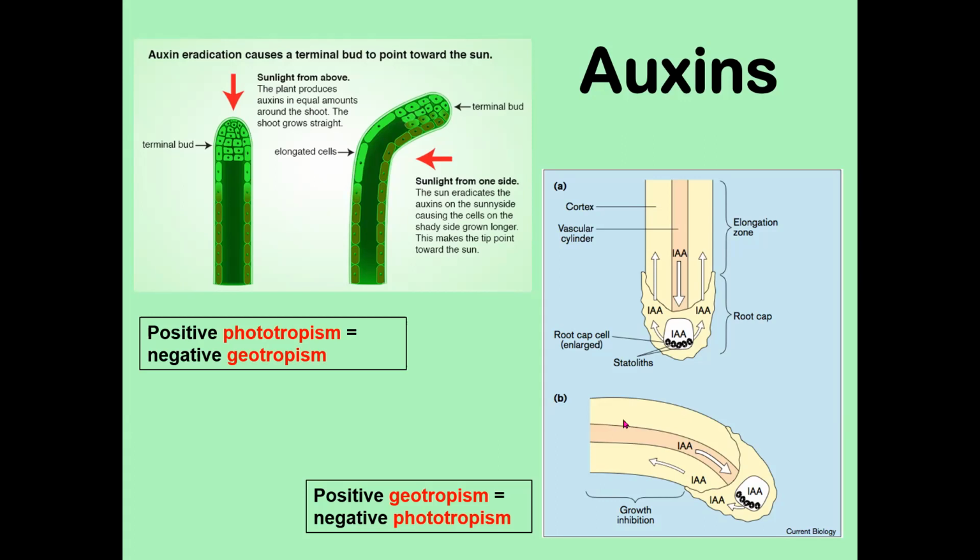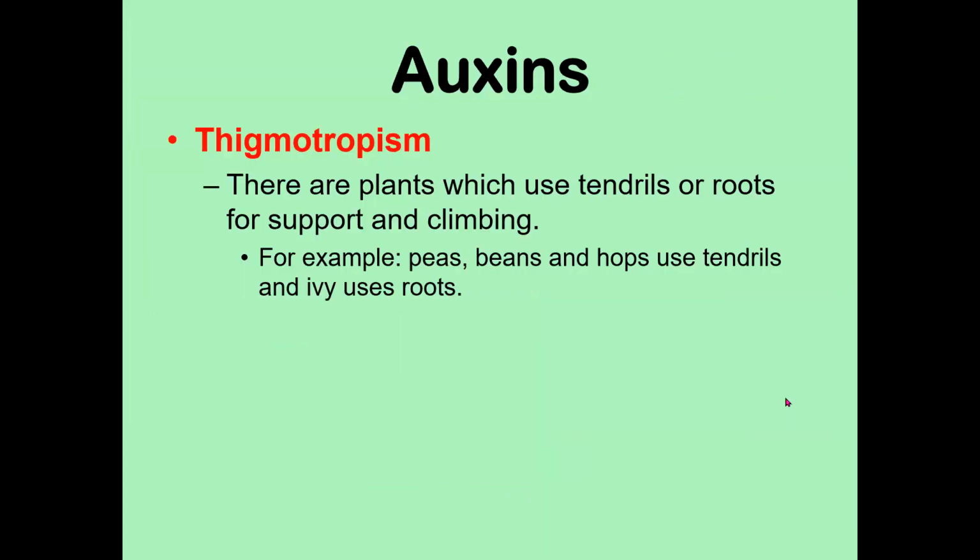If the root grows sideways, then it accumulates here and causes the same as here, less growth. So it bends down towards light, gravity.